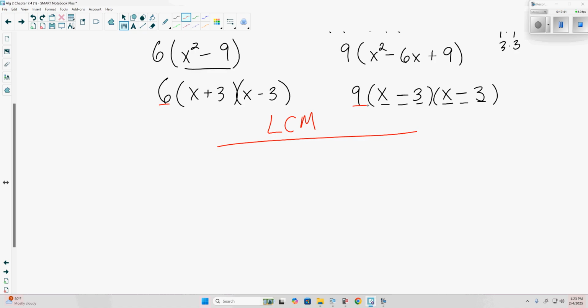Well, 9 and 6 are kind of nice, because multiples of 9 are 9, 18, 27, 36, and multiples of 6 are 6, 12, 18, 24, 30, 36. 18 would be the least common multiple of 9 and 6. 36 is a common multiple.